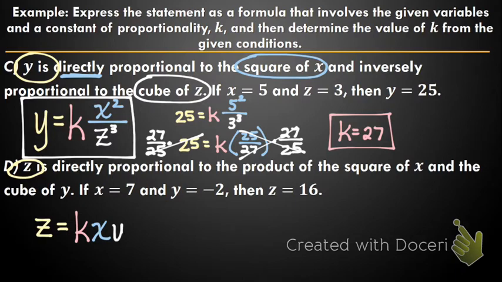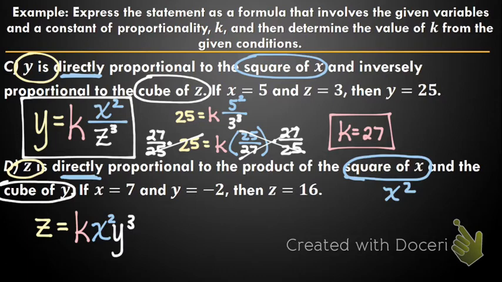Very close. There's one little thing missing. What's missing? Squared. On which part? X. Both of these are varying directly, so there is no denominator this time. Square of x, so x squared, and the cube of y, so y cubed.